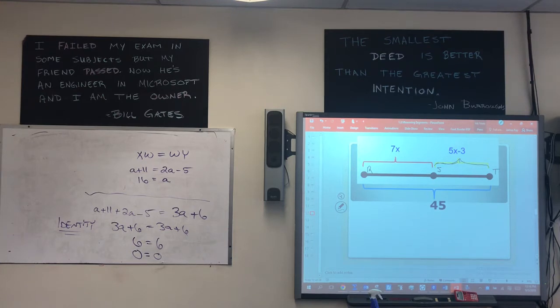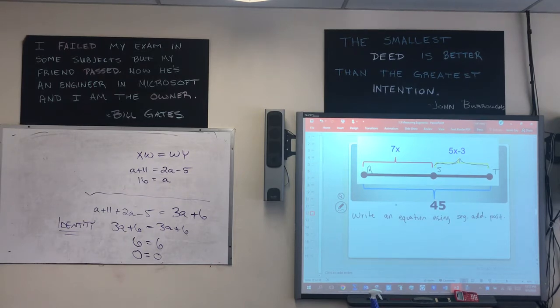So I'm going to write this statement down. It's just going to say: write an equation using segment addition postulate.